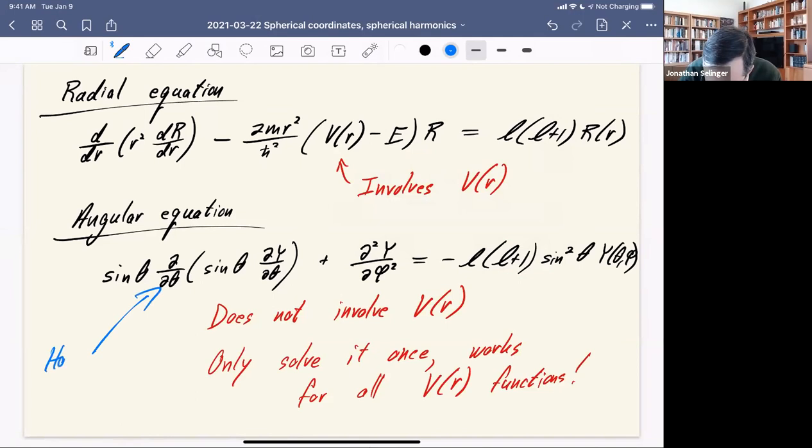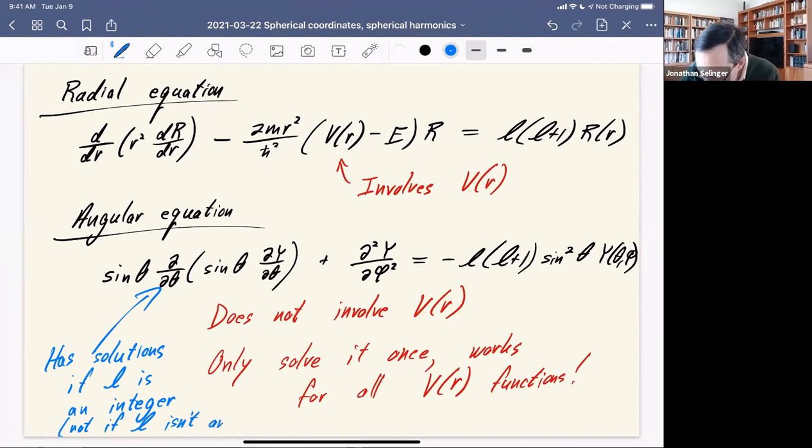It has solutions if L is an integer, and not if L isn't an integer. More precisely, L must be an integer greater than or equal to 0, but not if L isn't an integer greater than or equal to 0.